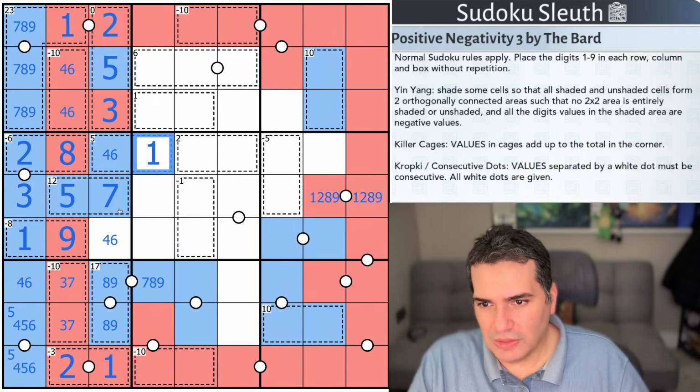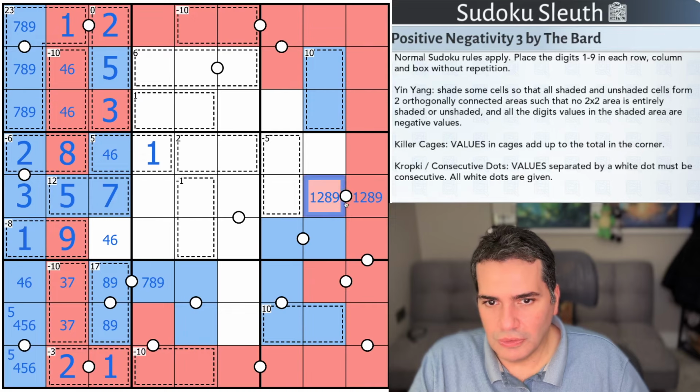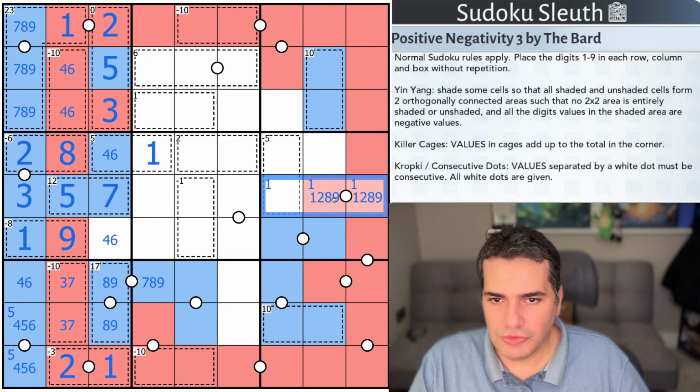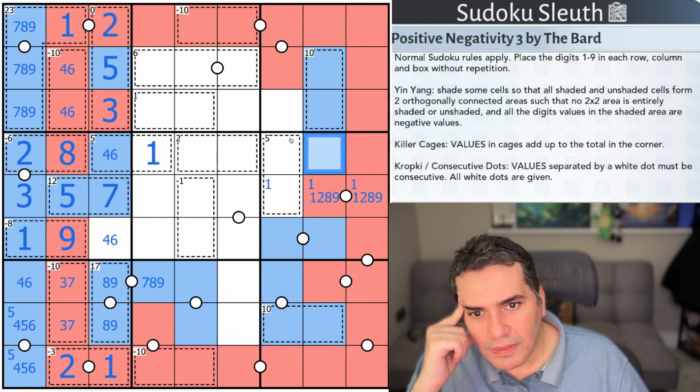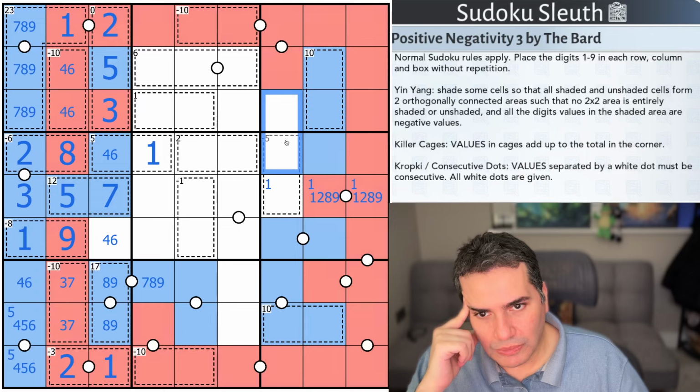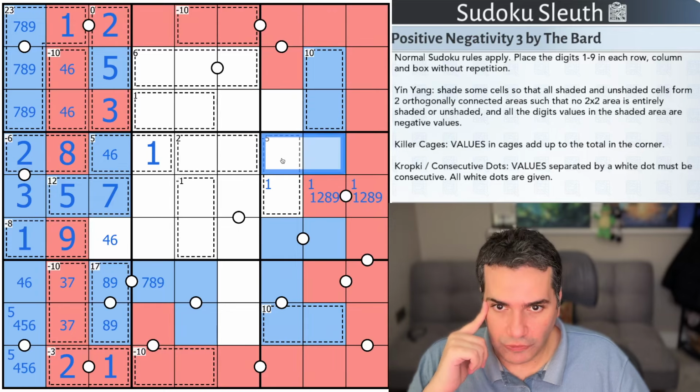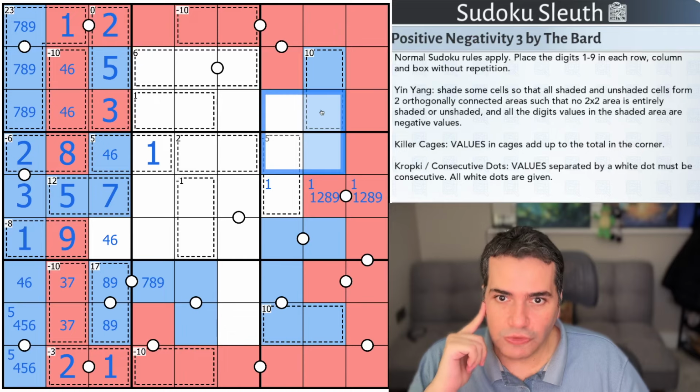And you can see that the 1 is almost forced in here. The 1 is in one of these three cells, but again, I've covered how this could be 1, this could be 4, and they could both be red, and that's fine. This is obviously blue, can't create a 2 by 2 area. One of these at least is blue. Obviously, it can't be both. One of them is so that this blue can escape. Both would create a 2 by 2 area.